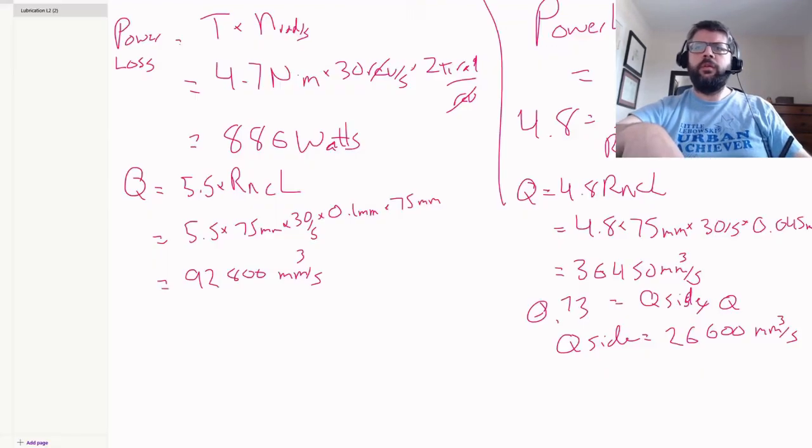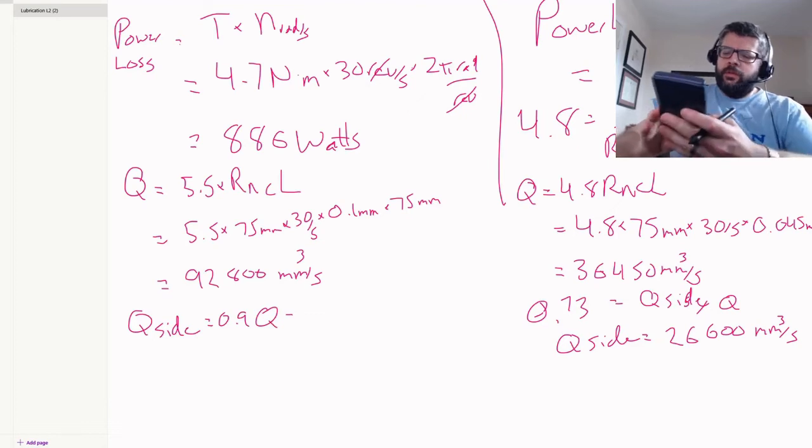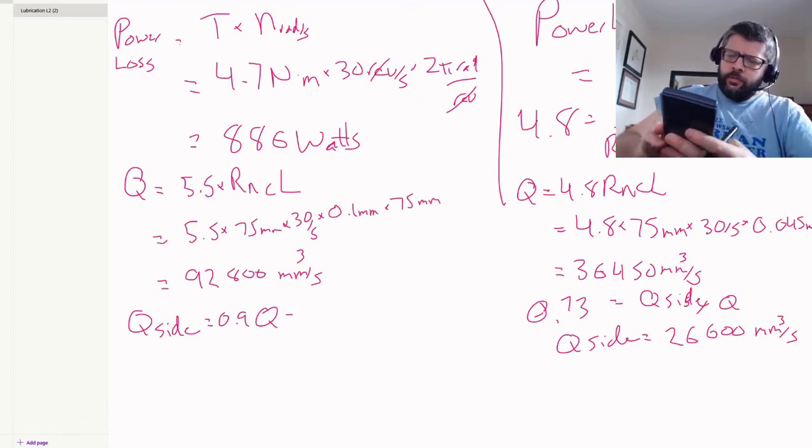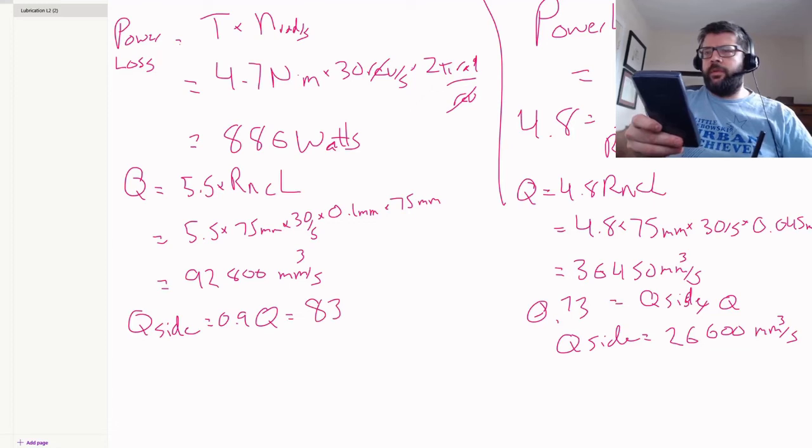So our side flow is going to be equal to 0.9 times the Q. So 92,800 times 0.9, 83,500 millimeters cubed per second.